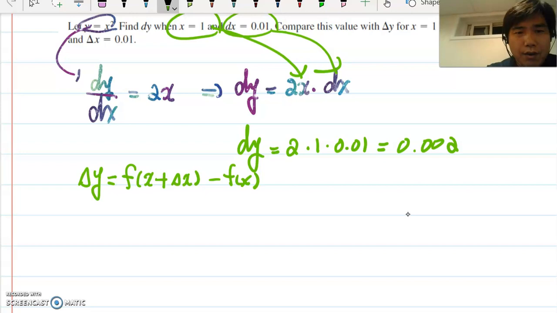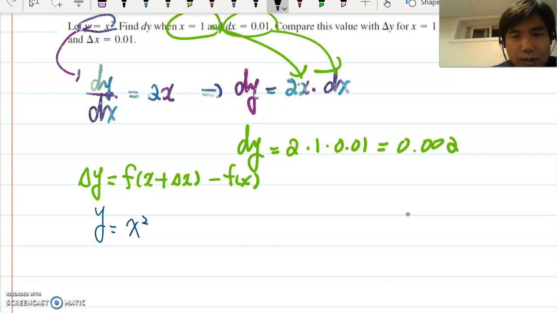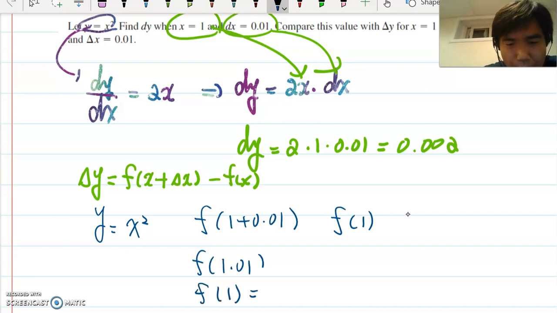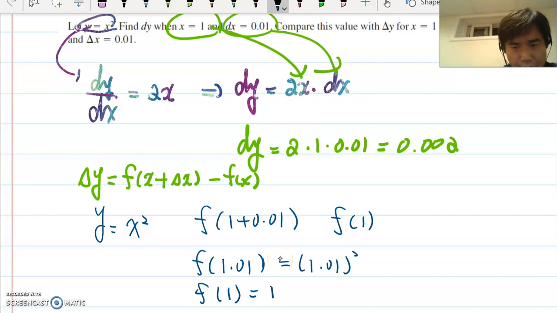Now from the original function y equals x squared, I'm going to find f of 1 plus 0.01 and then f of 1 here. So that means f of 1.01 and f of 1, which becomes 1. f of 1.01 equals 1.01 squared, so when you calculate it, it becomes 1.0201 here.